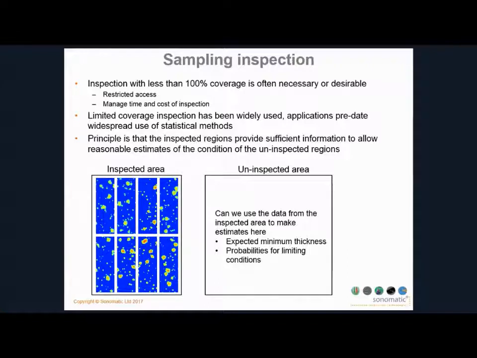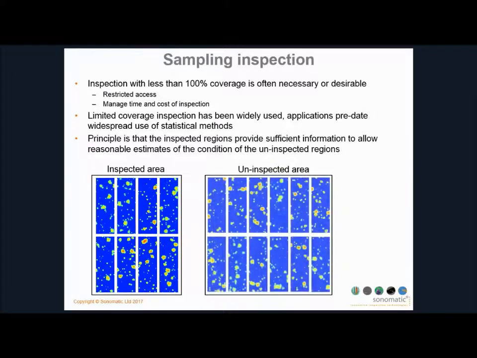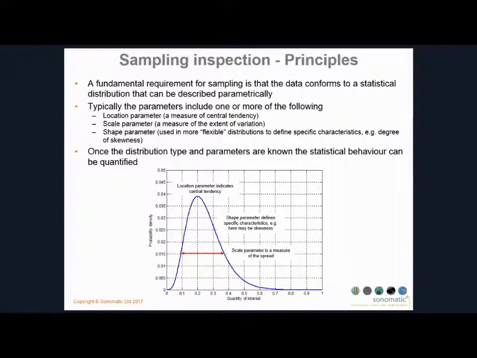So what's the probability that the minimum thickness might be less, so the wall loss might exceed the corrosion allowance, for instance. So really what we're trying to do is make sure that the information we get here gives us a reasonable view on what's happening in the uninspected area.